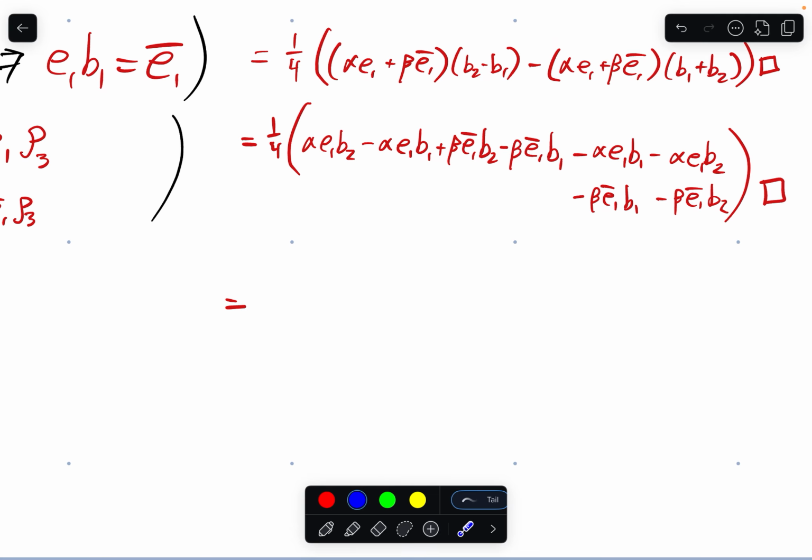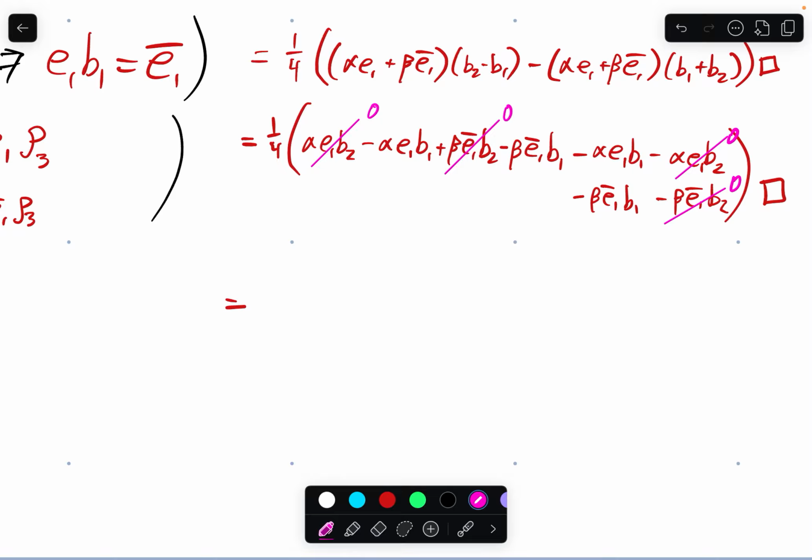And this term will cancel with this term. This term will add with this term. So let me just mark these. So this will vanish. This will vanish. This will vanish right here with this.